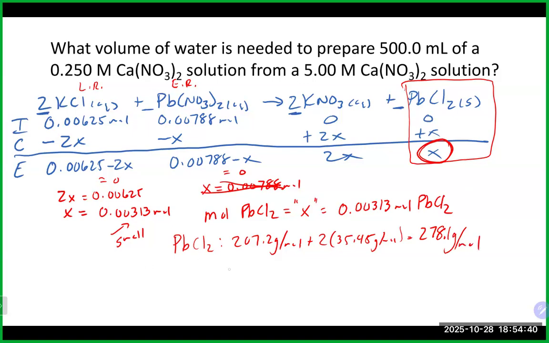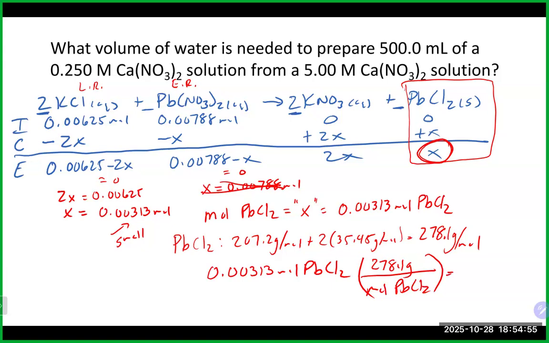So 0.00313 moles of PbCl2, and again 278.1 grams per mole from the periodic table, is going to tell us in grams that our theoretical yield will be 0.869 grams of PbCl2. Again, our theoretical yield.